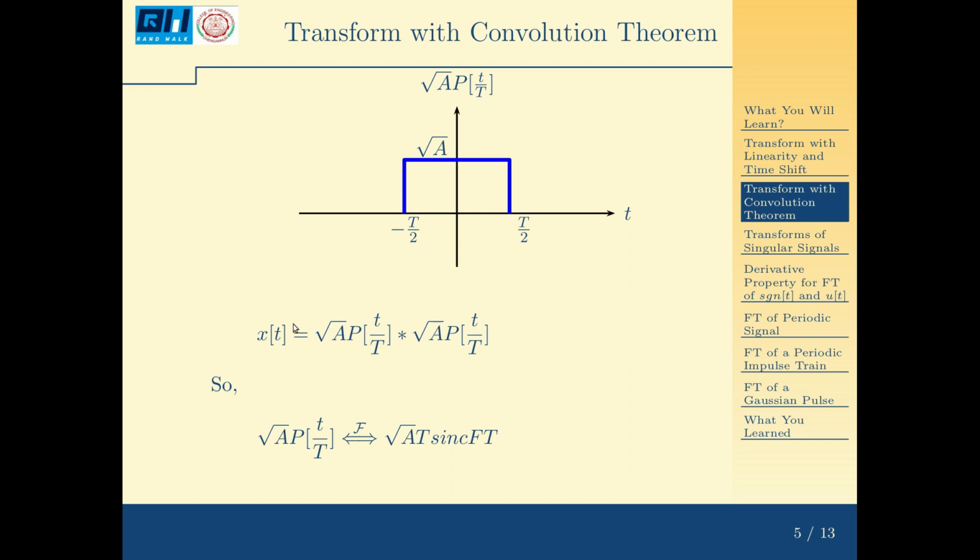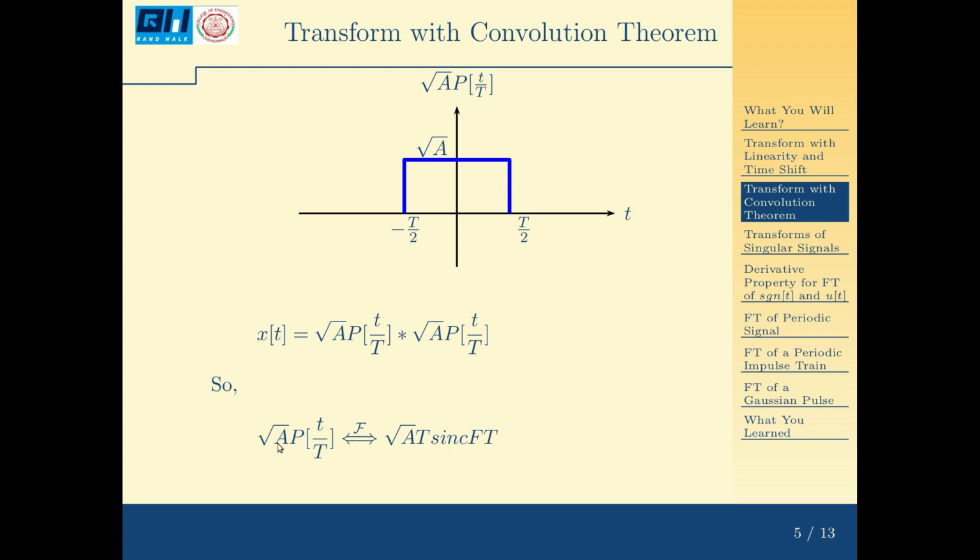So x(t) can be written as a convolution between root A p_T(t) convolved with root A p_T(t). What is this p_T(t)? That's a pulse of width T centered at origin, so equal excursion to negative and positive time axis, with T/2 excursion.